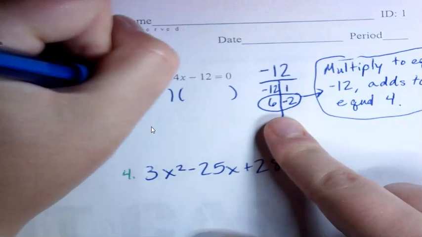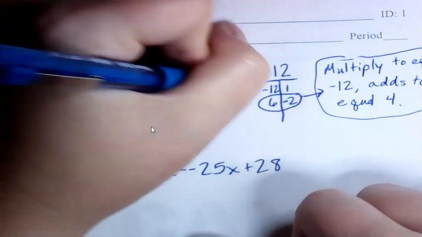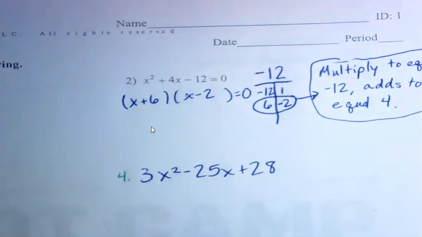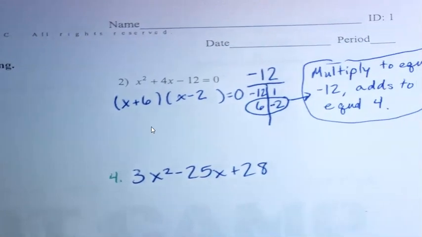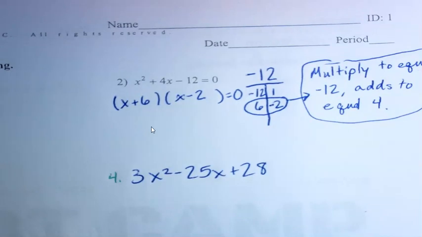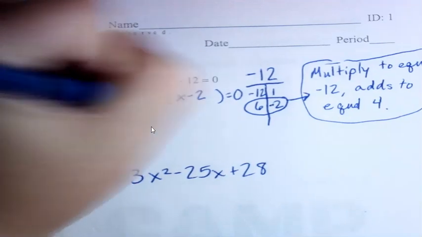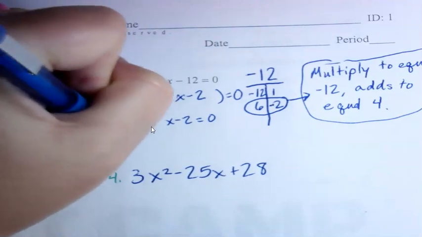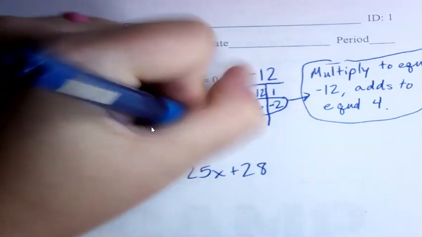We're going to take X plus 6 because this is a positive 6 here, and X minus 2 because it's a negative 2. Set the whole thing equal to 0 because this one is equal to 0. If your question just said, hey, factor, then we'd be done, but it says to solve. So we do X plus 6 equals 0, X minus 2 equals 0, so X equals negative 6, X equals 2.